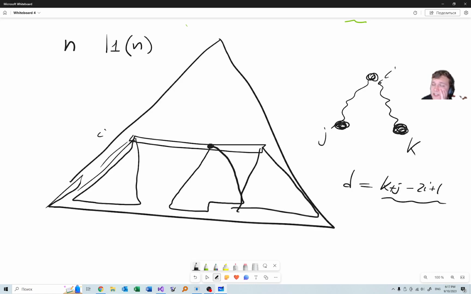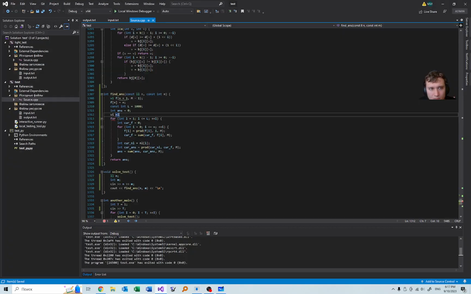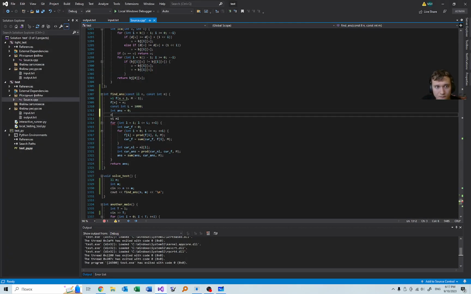Yes, I think just leading 1 of n, which is something like count leading zeros of n, and 63 minus it. So 63 minus built-in count leading zeros of n. This is D. Now, what is NL?